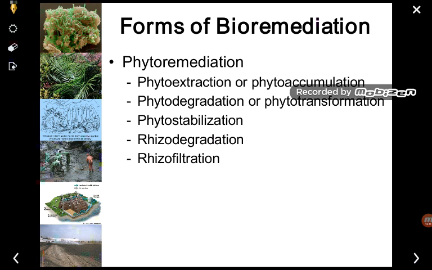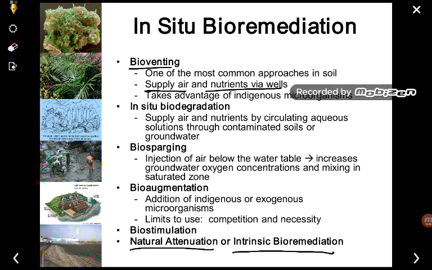Next is the forms of bioremediation, and one more, that is phytoremediation, where plants are used to remove the contaminants from the soil. Next, what are the different types of techniques used inside the in situ bioremediations? Mostly here you must know bioventing, bioaugmentation and natural attenuation.